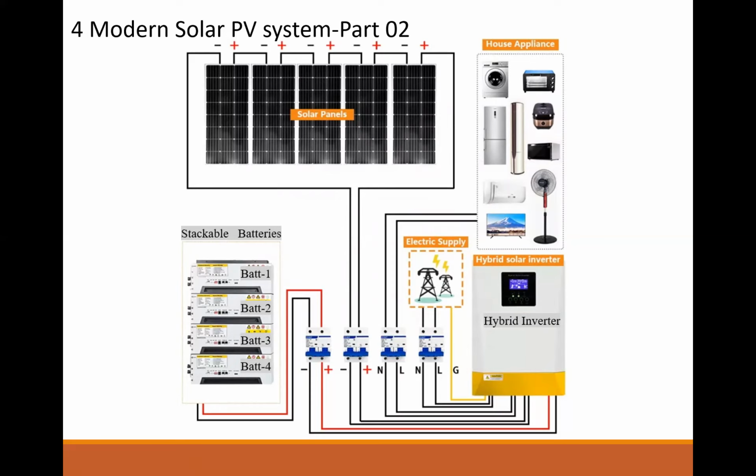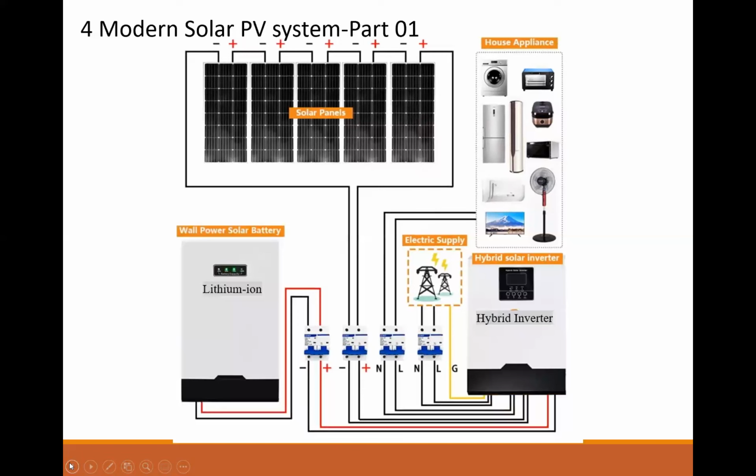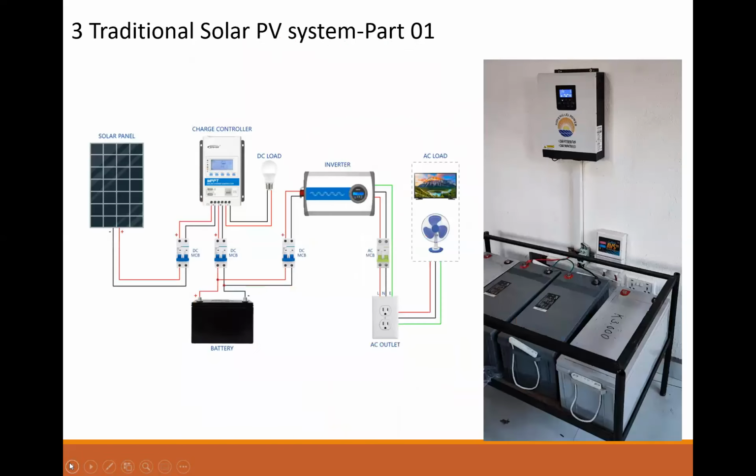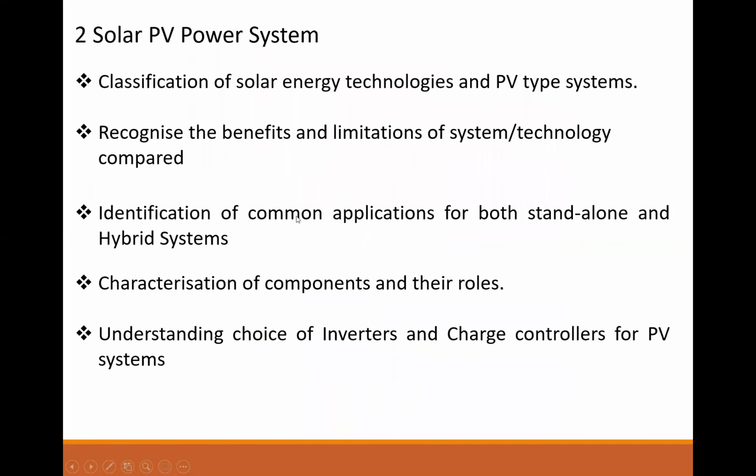So in building your system, you can make a decision. When we go backwards, you have to do the characterization of your components and their role. You have got to identify what the application is.